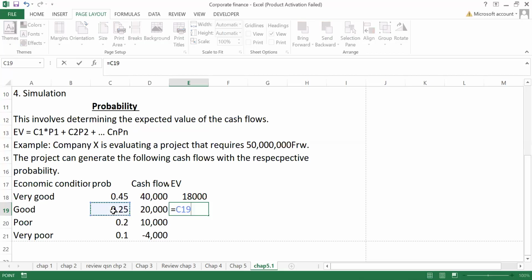Probability times the expected cash flow.